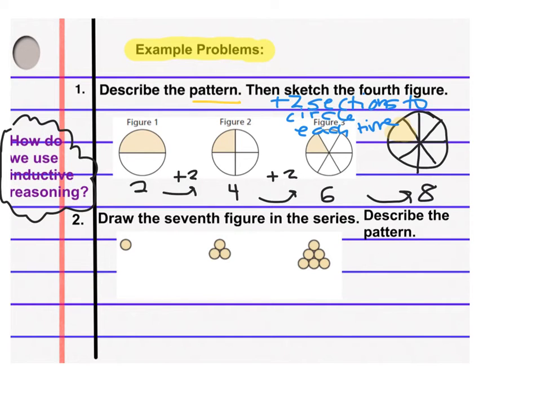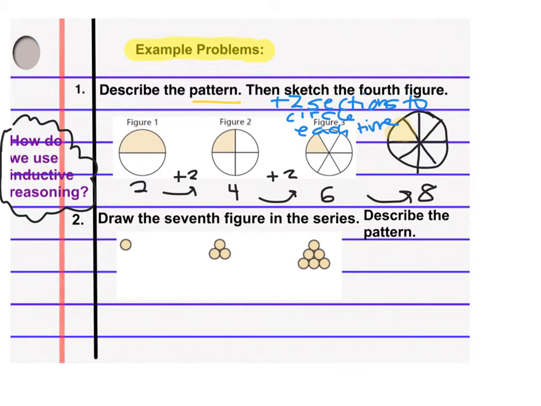That's the pattern. All right, number 2, same thing. You're given 3 figures. You're going to draw the 7th diagram, and you're going to describe the pattern that you see. It looks like we're adding a row each time.